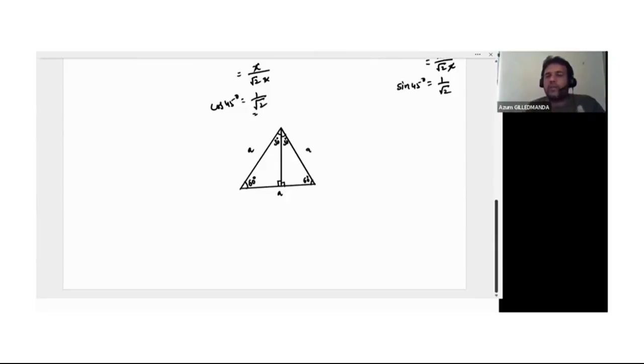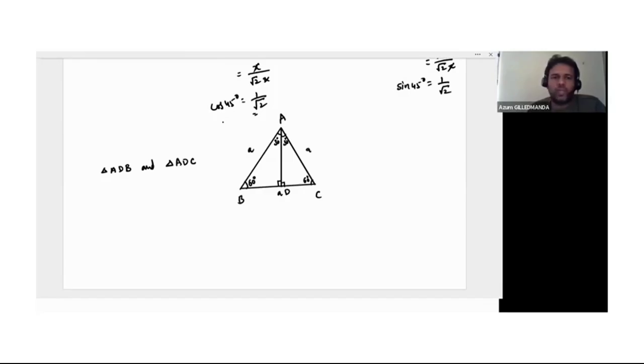So I am trying to find what sine 60 is. In this triangle, let's say this is A, B, C, and the perpendicular is at D. Now there are two triangles here: delta ADB is a right angle triangle, and also delta ADC, both are right angle triangles.